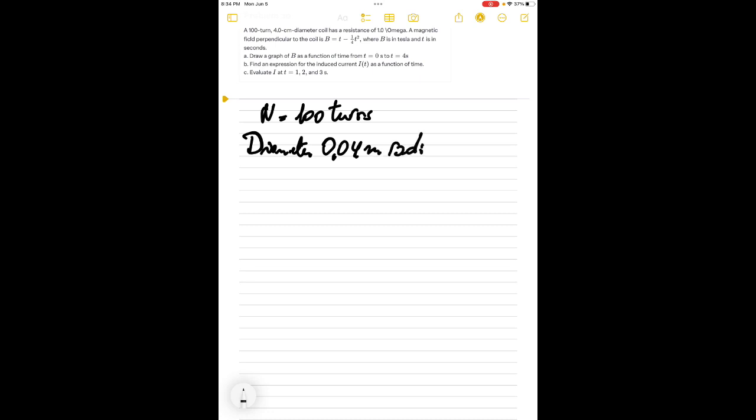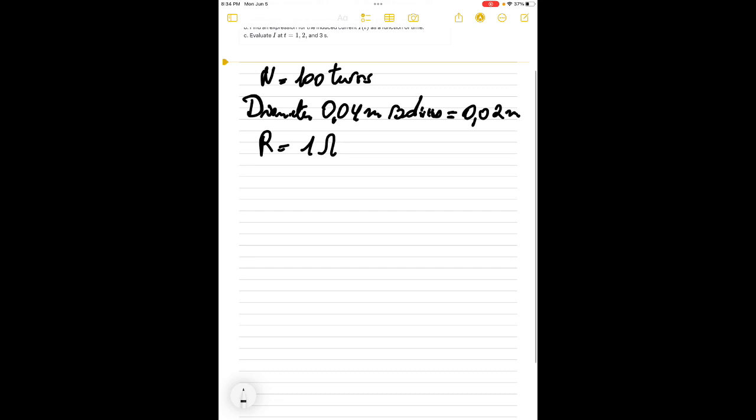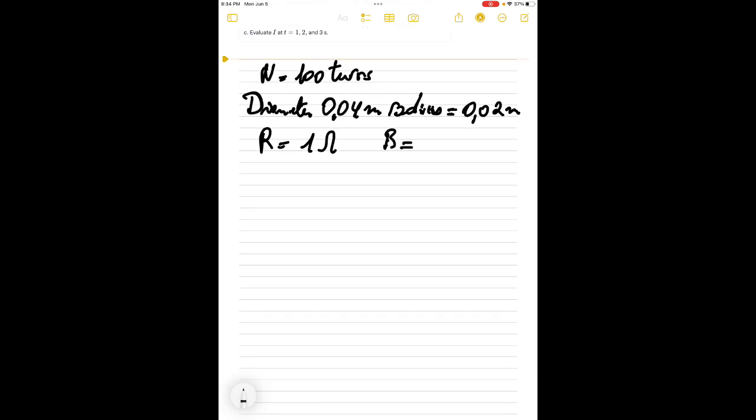That means the radius equals 0.02 meter, and we have a resistance of 1 ohm, and the magnetic field formula is T minus 1/4 of T square.